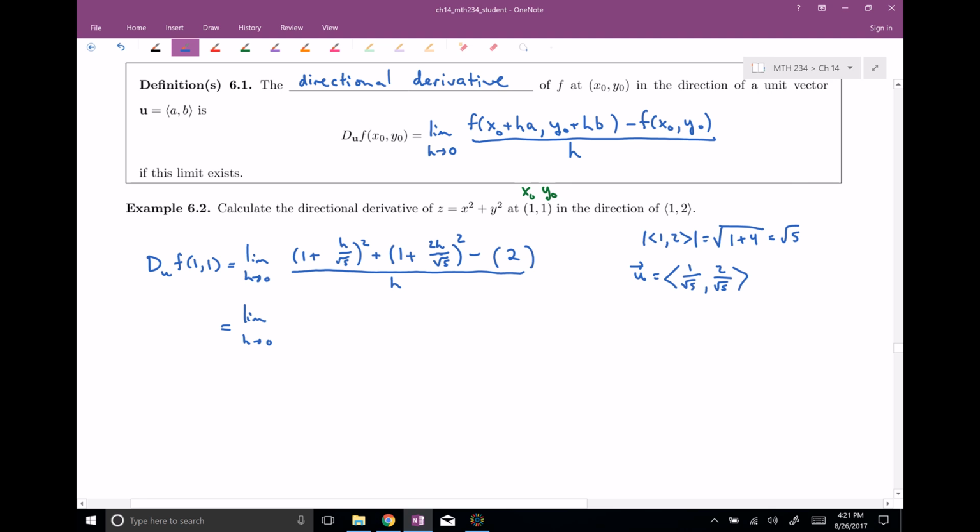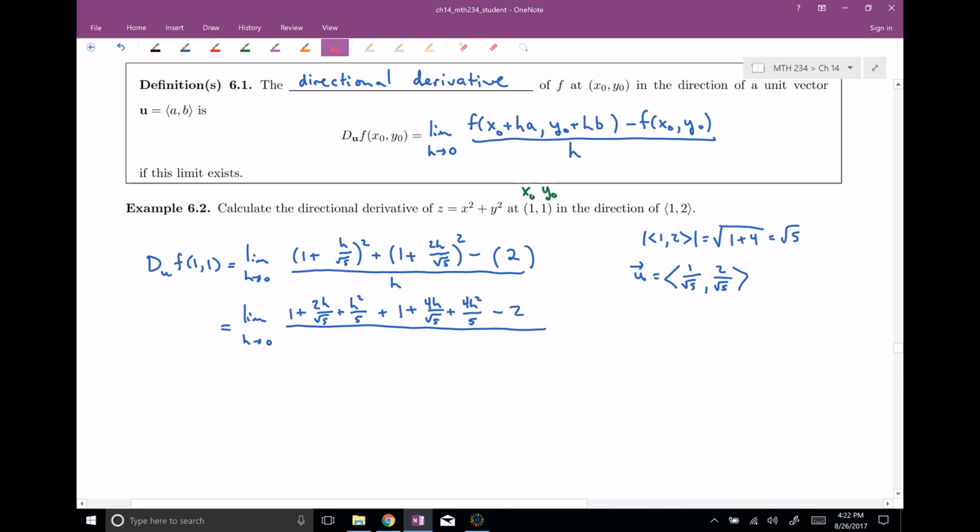If I expand this, remember, this is technically foiling. We need the firsts, the inners, the outers, and the lasts. So I'm going to get a long line here: 1 plus 2h over root 5 plus h squared over 5, foiling this out with the inners and outers. Plus 1 squared plus 4h over root 5 plus 4h squared over 5, all minus 2.